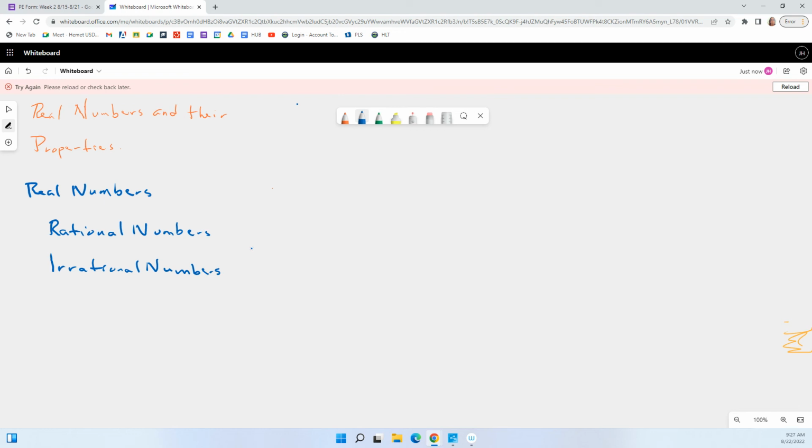Now, the rational numbers have all of these subcategories. The one you're most familiar with would probably be the natural numbers. Rational has the natural numbers.